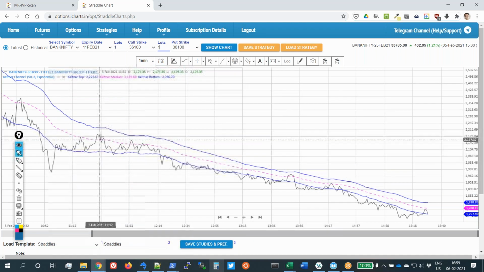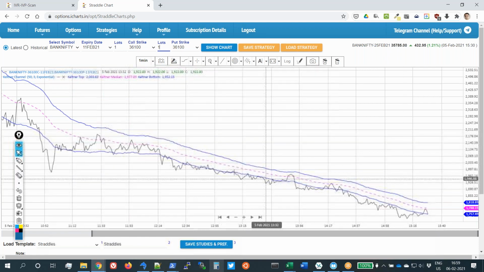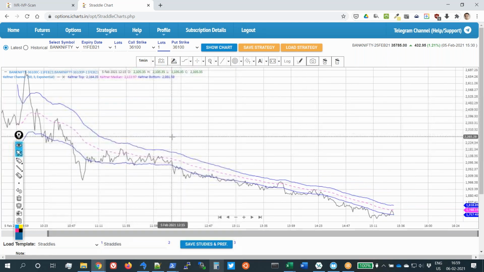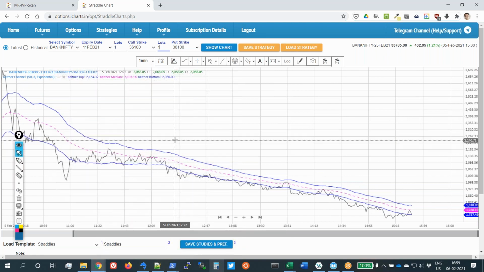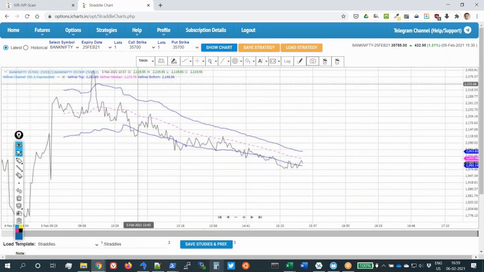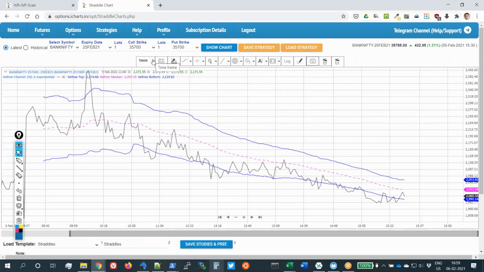The basic idea is to get your straddle in this form so that it is going down and it is below this higher band. That is very important. Whether you're trading positionals or intraday, it's the same. If it is for positionals, let me go to the monthly charts.